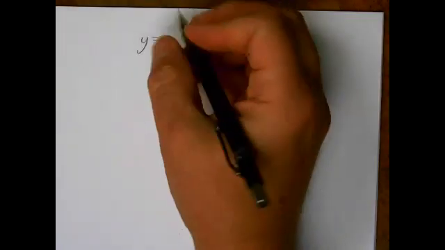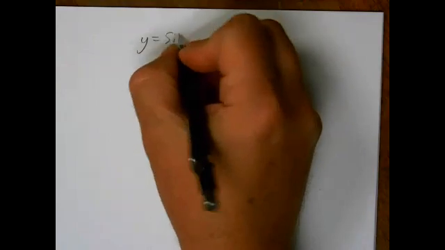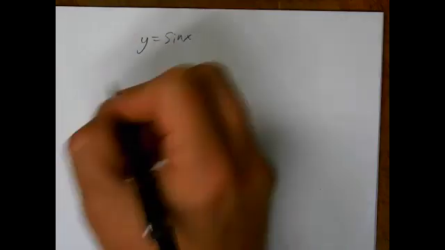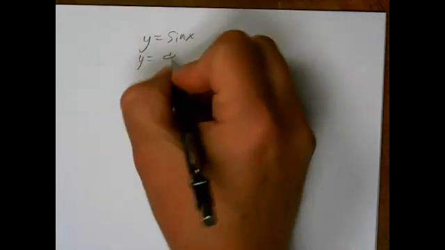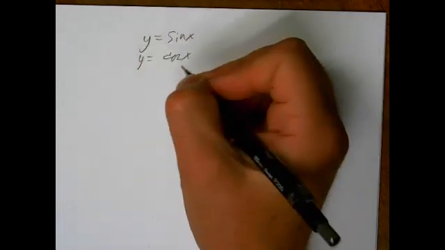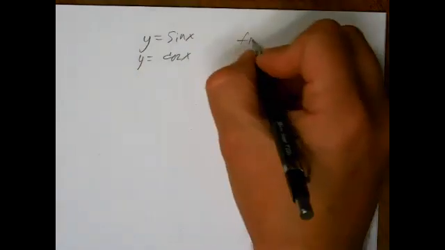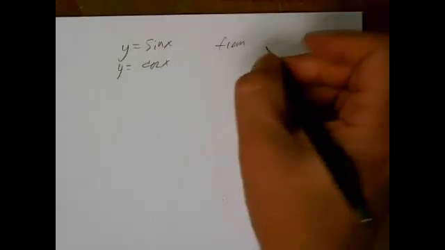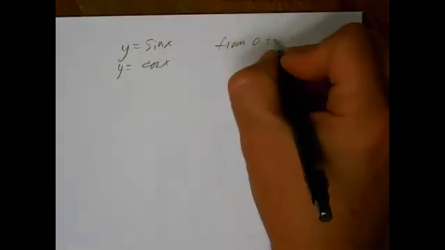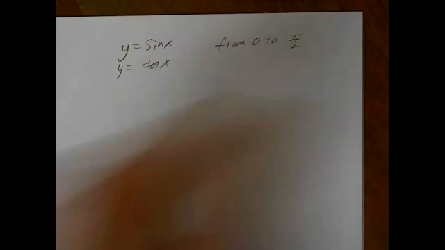A prime example of when you have to be the most cautious is in a situation, let's say we want to find the area between the curves of y equals sine of x and y equals cosine of x, where we want that region from 0 to pi over 2.